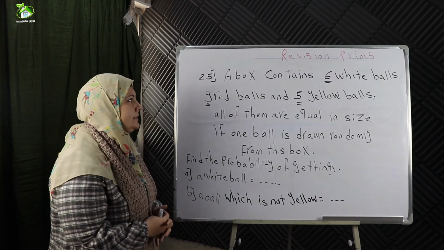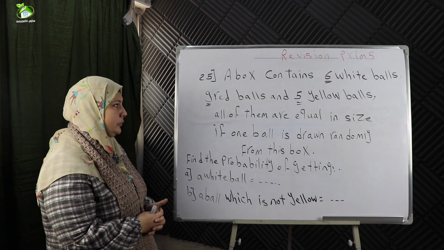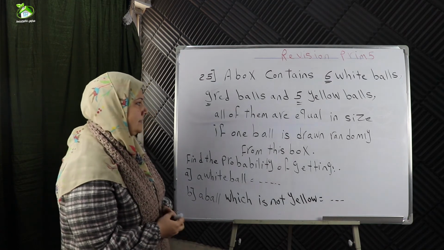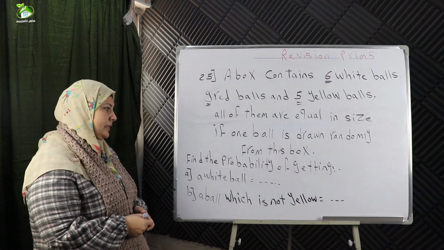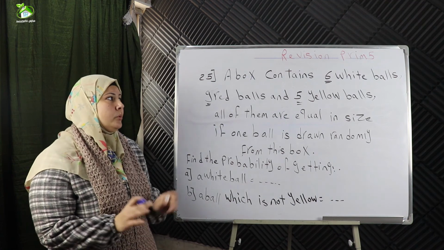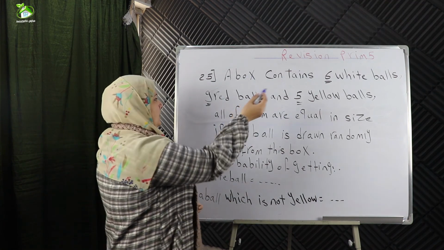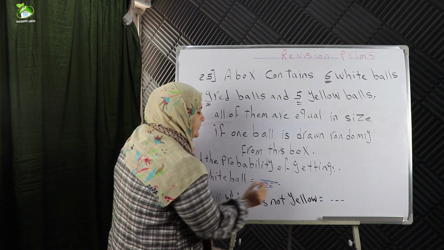A box contains 6 white balls, 9 red balls, and 5 yellow balls. All of them are equal in size. If one ball is drawn randomly from this box, find the probability of getting a white ball. Number of all possibilities, 6 plus 9 plus 5, the denominator will be 20.